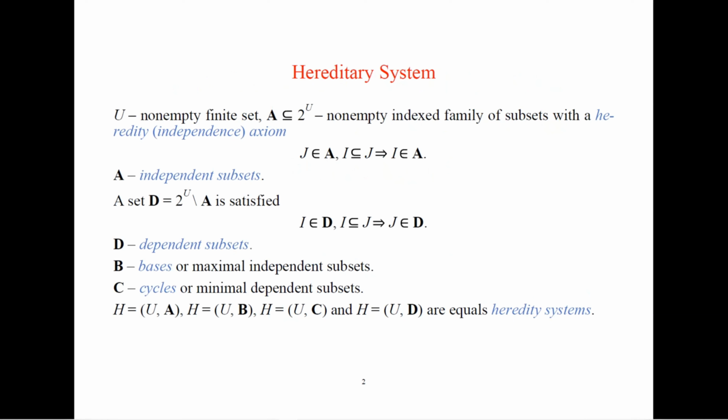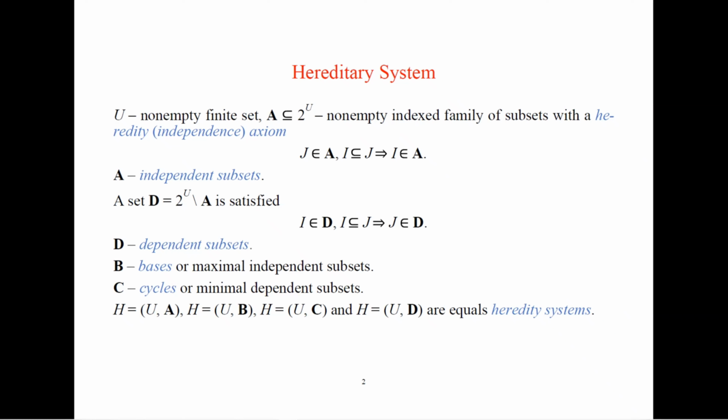So let's start with what hereditary systems are. First of all, we have a non-empty finite set U, and a non-empty index family A of subsets, which satisfies what we call the heredity or independence axiom, which means that if some set is in A, then every subset of this set is also in A, and we call A the independent subsets.